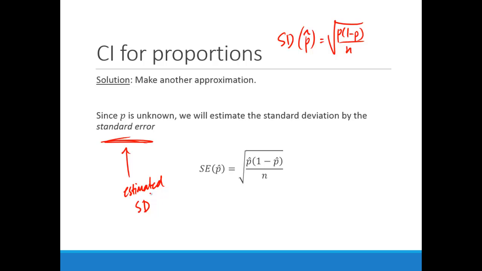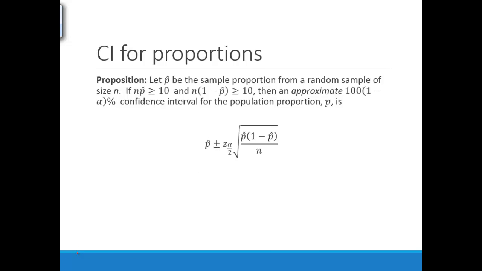Okay, and that's not going to change the distributional things that we need going on here. So here's our confidence interval that we can use for a proportion. We'll take this and run with it. If I have p hat as the sample proportion from a random sample, as long as n times p hat is bigger than 10 and n times 1 minus p hat is bigger than 10, then our approximate 99%, 95, whatever percent confidence interval, the formula is right here.